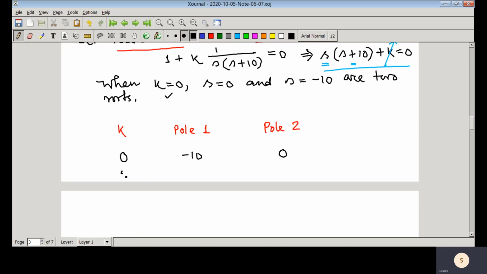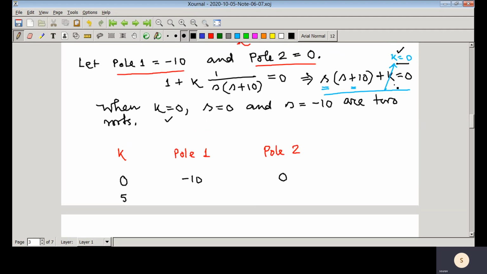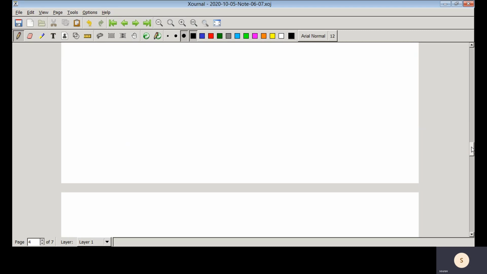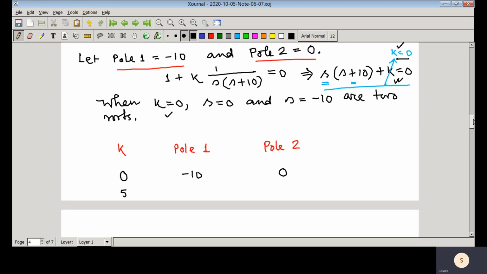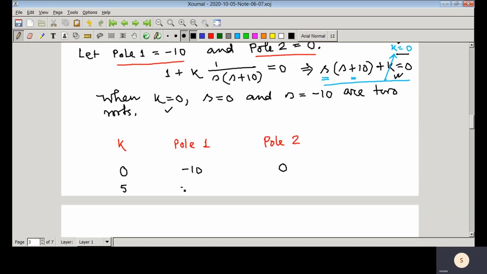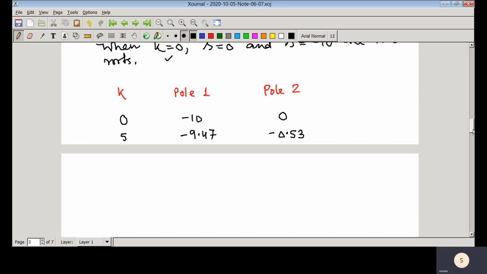Now if you calculate whenever k equal to 5, what would be the values of s1 and s2? We get pole 1 as minus 9.47, and pole 2, these closed loop poles, we get minus 0.53.